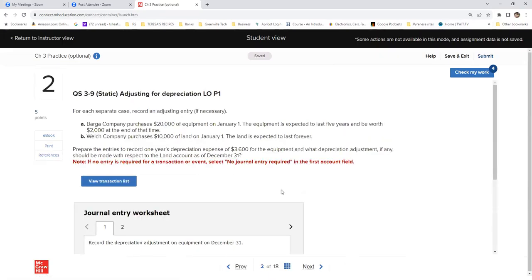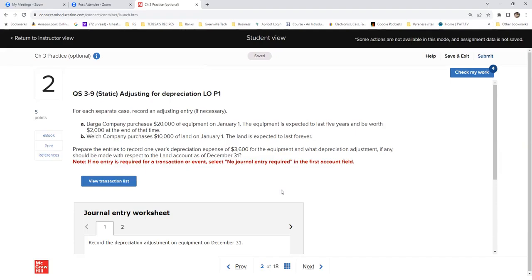So again, we're staying with adjusting entries. Barga Company purchased $20,000 of equipment. Equipment was expected to last 5 years and be worth $2,000 at the end of this time. So we're doing depreciation here. We're going to spend an entire chapter on this, but I'll give you the quick and dirty of it.